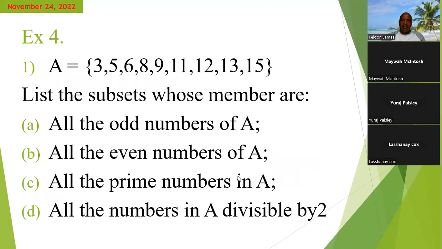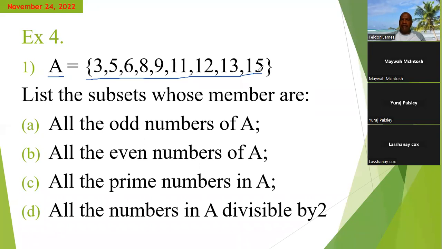All right. Now here we have an exercise that we're going to be going through and do together orally. And so this exercise here says that you have to list the subsets whose members are all odd numbers of A. Now, if you notice here, the set A would be this set up here.